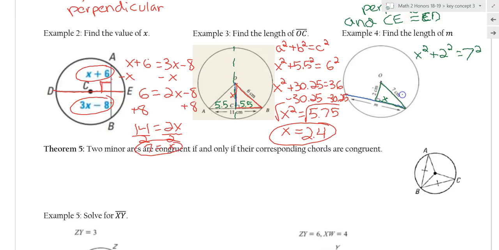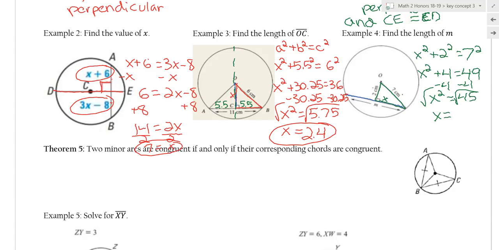Again, legs, then the hypotenuse. So you have x squared plus 4 equals 49. Subtract 4. X squared equals 45. We're going to take the square root.